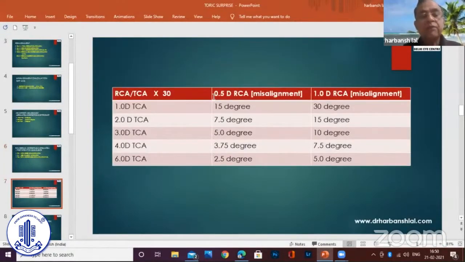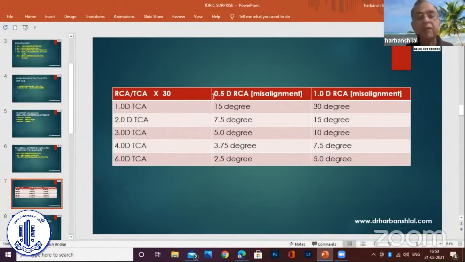Now let's say the patient has a total correctable astigmatism, that means the IOL can correct, I have taken it in a very simplified manner, one diopter at the corneal plane. And if there is a residual astigmatism of 0.5 diopter, that means the misalignment is by 15 degrees. And if it is a 2 diopter lens, then 0.5 diopter of residual astigmatism means misalignment is only 7.5 degrees.